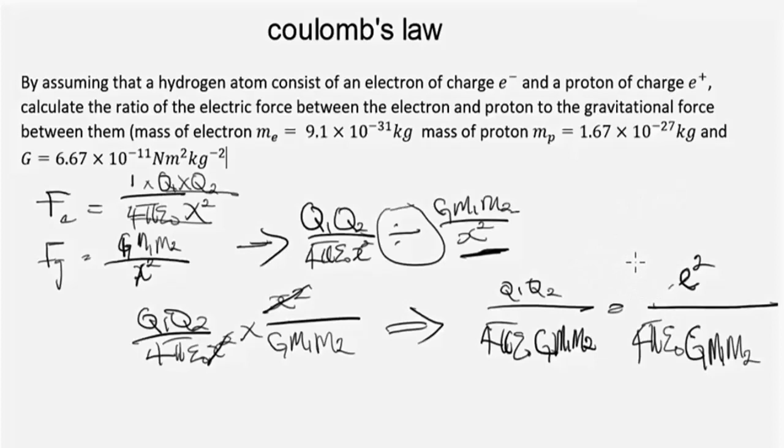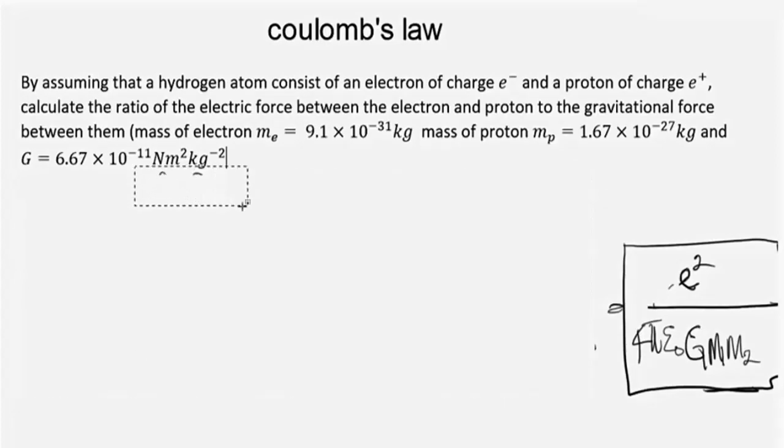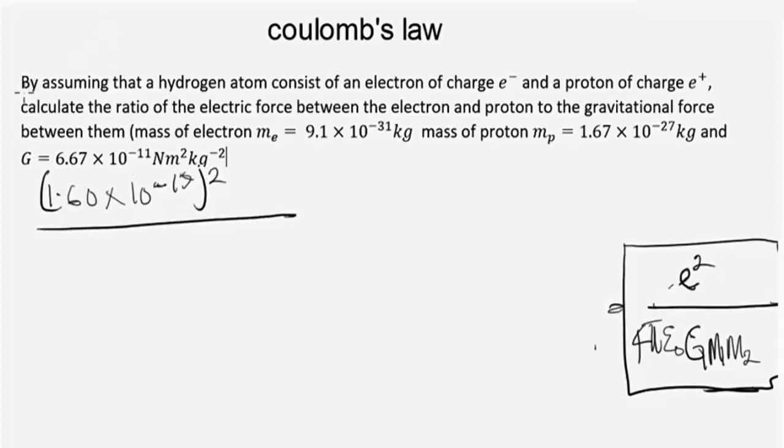Alright, from here our e will be 1.60 times 10 to the power of minus 19, and this will be squared, over 4 pi.